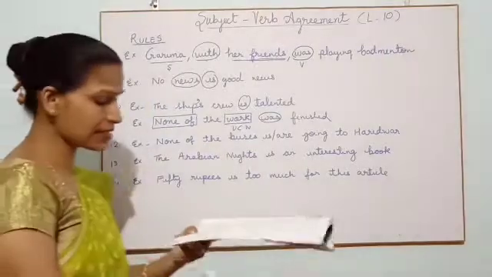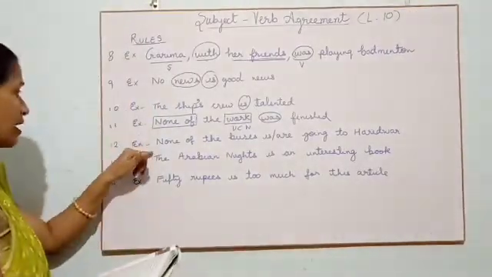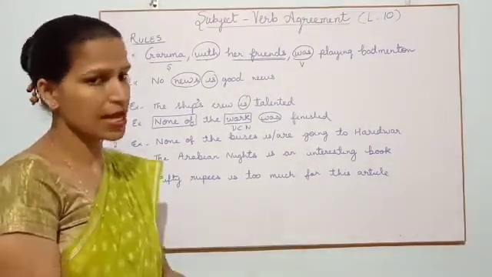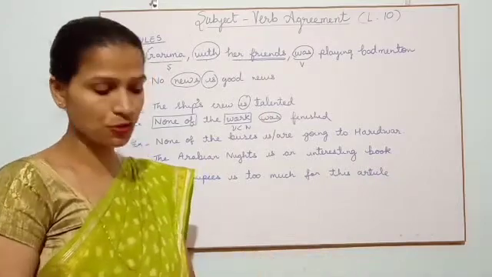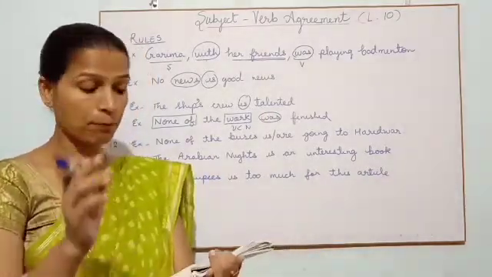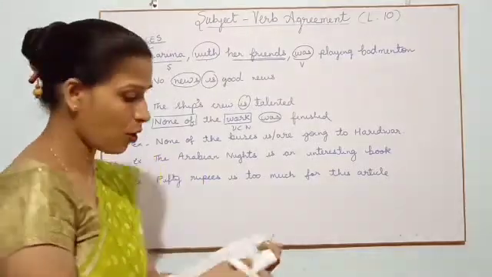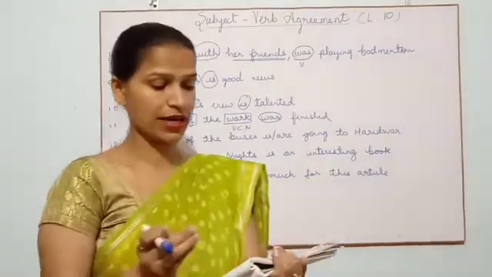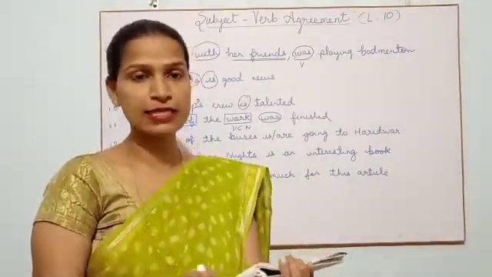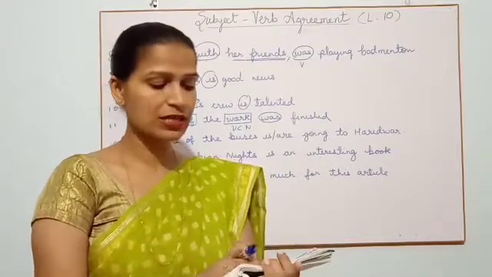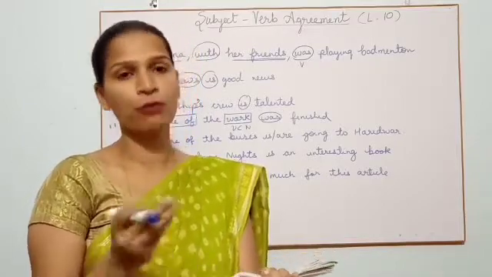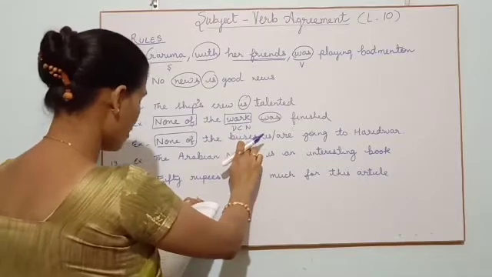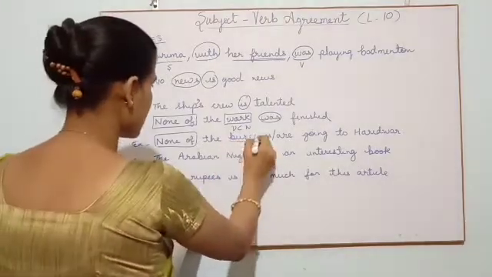Then the 12th rule says, please do not get confused with the 11th and 12th. Here also we have none of, but the things are a bit different. It says, page number 72, when we use none of with a plural noun or pronoun, or a singular noun referring to a group of persons, people or things, we can use either a singular or plural verb. Here we have a plural noun, buses.